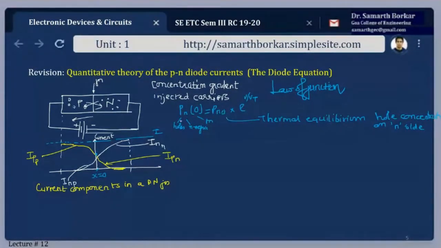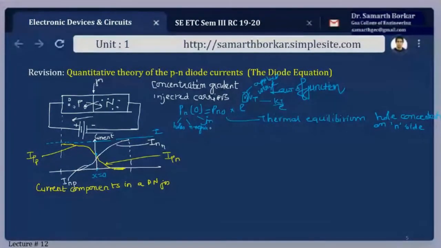So Pn of 0, that is the concentration of holes in the N region right at the junction, is purely a function of V. V is the applied voltage. Vt is a constant, 26 millivolts, which equals kT by e. This we have derived at room temperature of 300 degrees Kelvin.